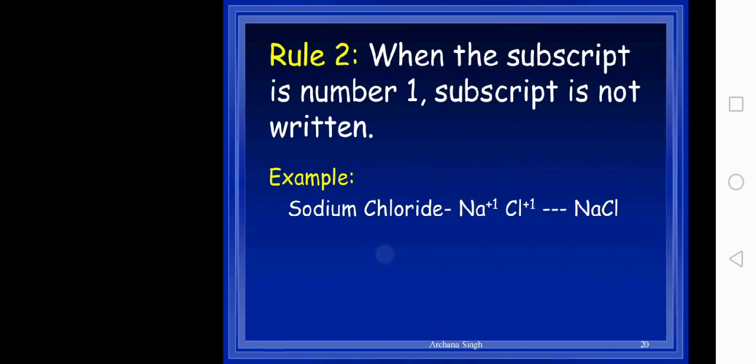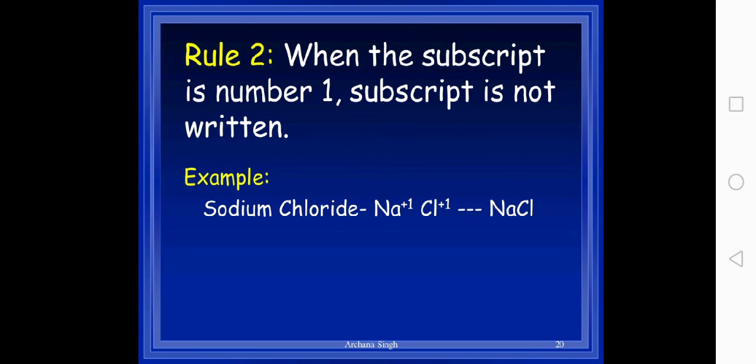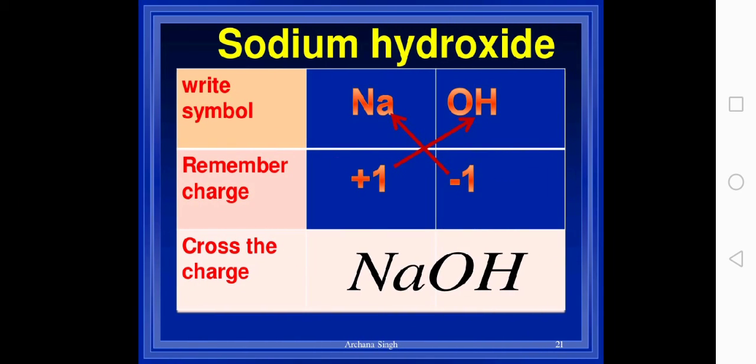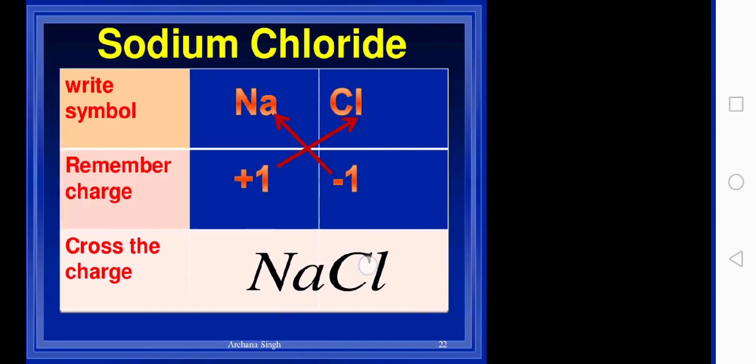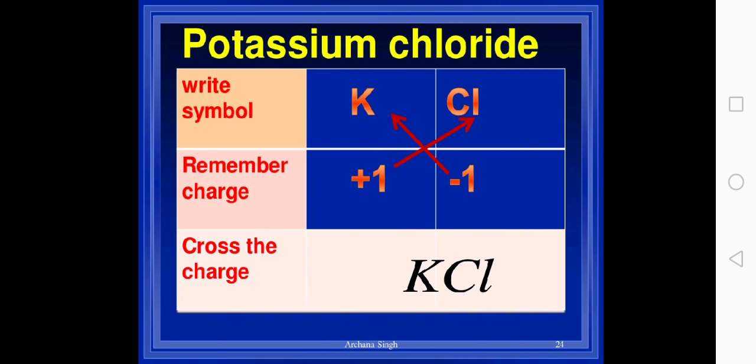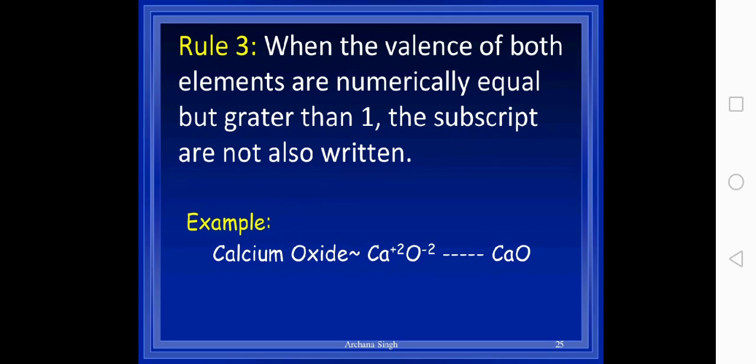Similarly calcium bromide. And rule 2, when the subscript number is 1, the subscript is not written. I've already discussed that, 1 plus 1 minus, no need to write. In the case of sodium hydroxide, no need to write 1 here. Like calcium chloride, there are lots of examples.